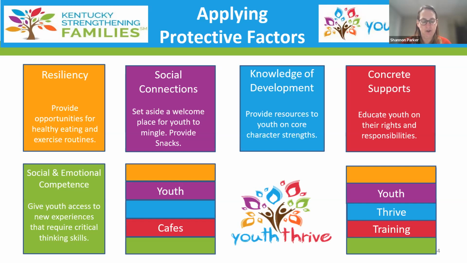And then for social and emotional competency, you can plan social events that allow people to interact with their peers in healthy, positive ways. Or you can teach soft skills such as manners, workplace readiness, and people skills.